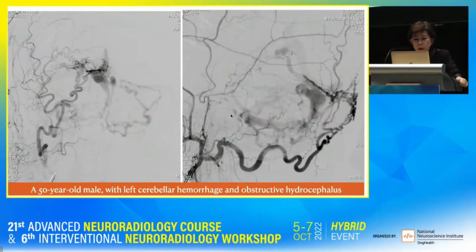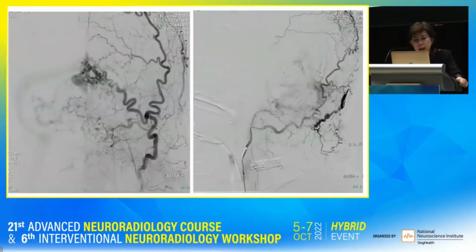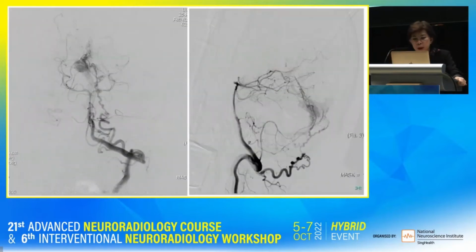And similar to this one, this is from the occipital artery supply. And you can see that the shunt is, I think, at the junction of the torcular and the straight sinus, with reflux. Okay, and on the left side, a similar pattern, even though it is a different lesion, I mean a different point of the shunt around this area, but it's the same venous drainage.